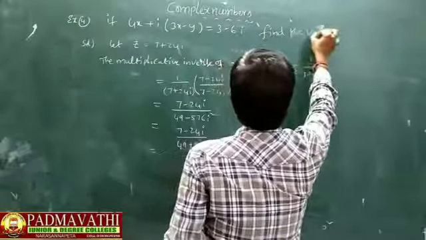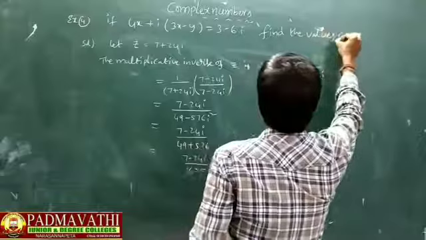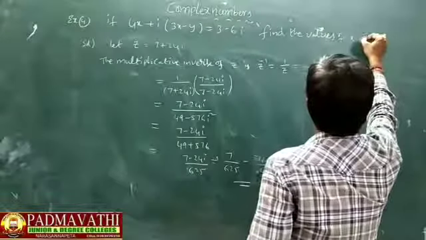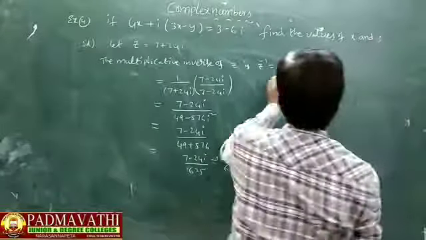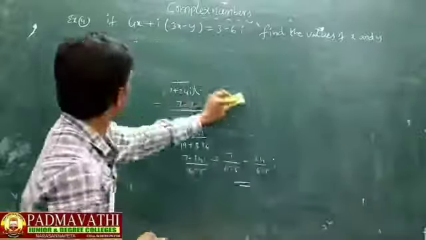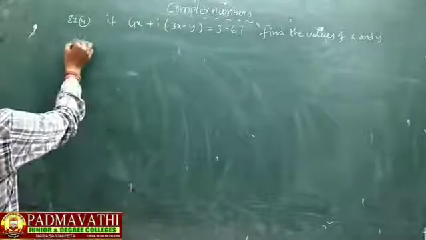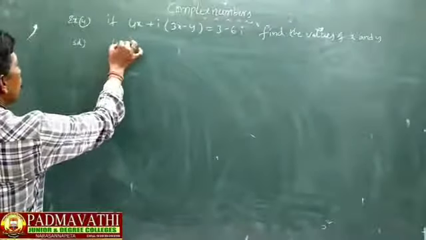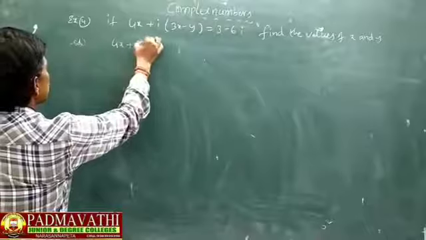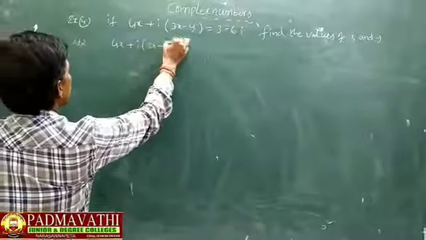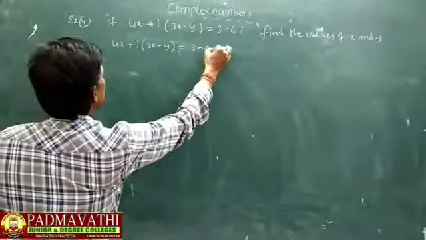A very simple problem. Given that 4x plus i(3x minus y) equal to 3 minus 6i.